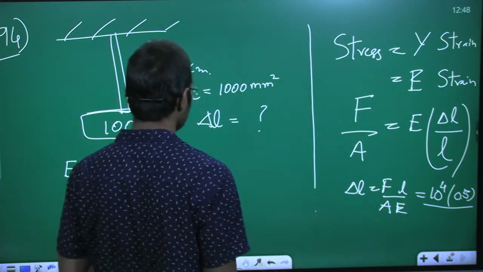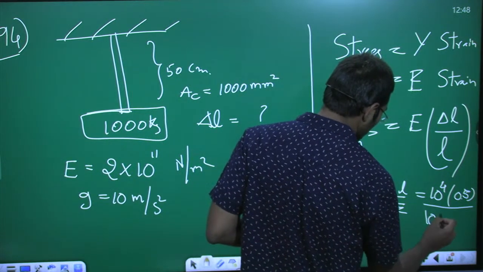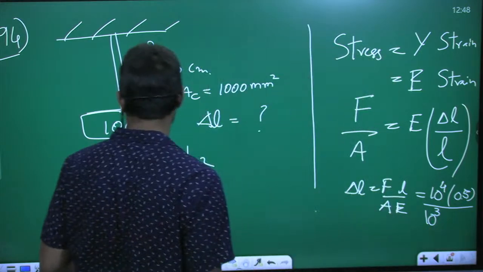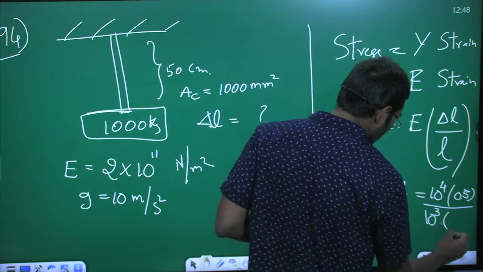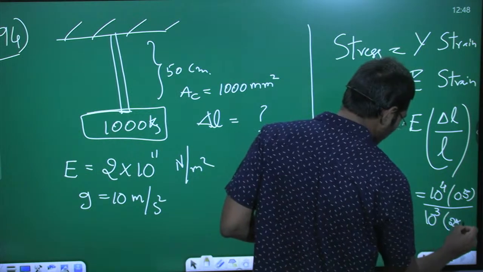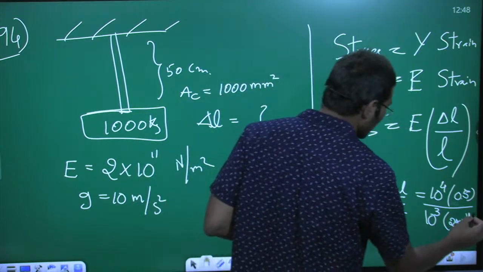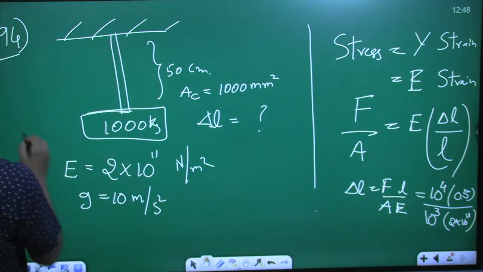So what is the area? 1000 mm square. Okay. What is Young's modulus? 2 into 10 power 11. See, here we need to take care of units, okay? What are the units of F by A?